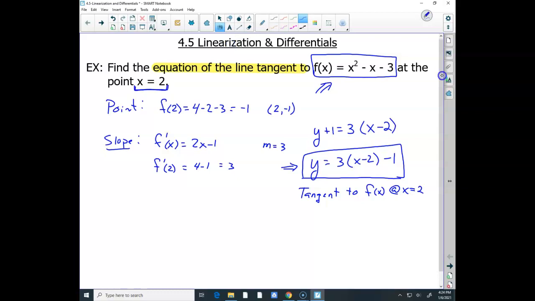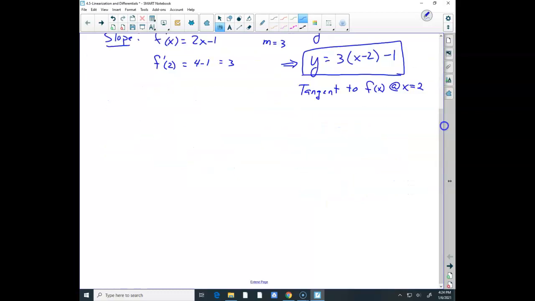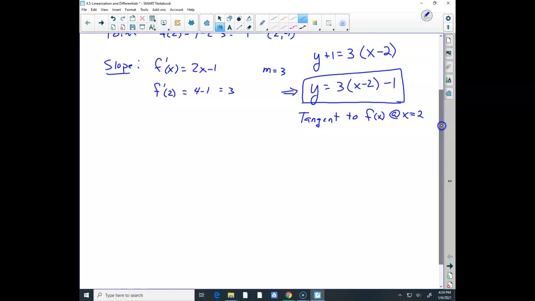It does something so special, it actually has a special name. What this actually is, it's called the linearization. It's the linearization of f of x at x equals 2.